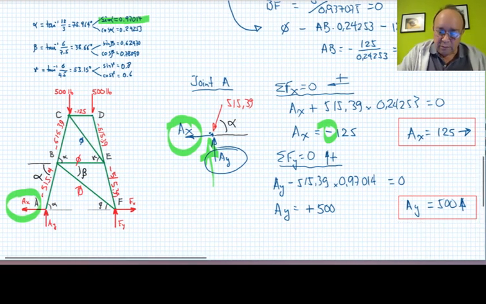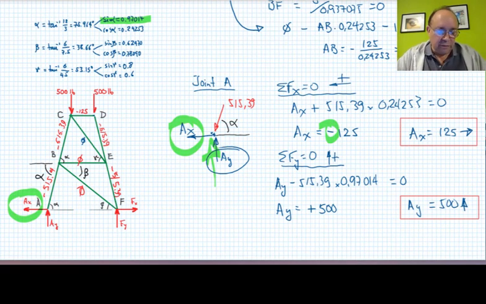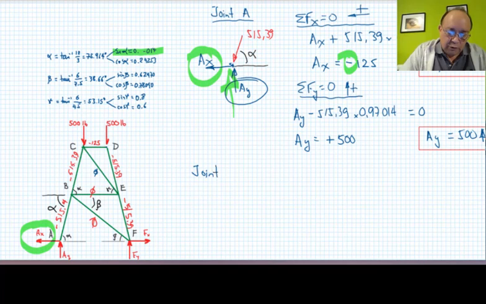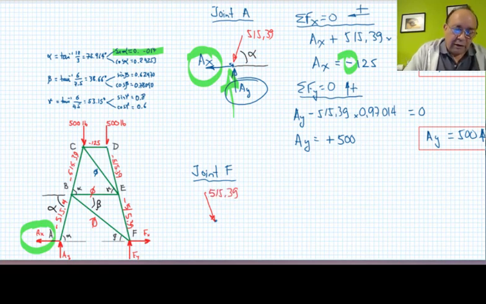So now the last joint, joint F. It's basically the exact same situation. The diagram is symmetrical to this one. Joint F. This is the joint. It has one force coming down here with a force of 515.